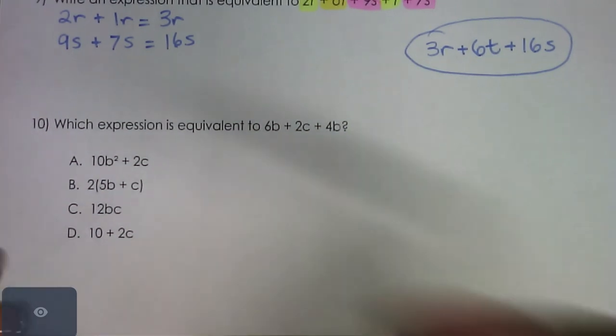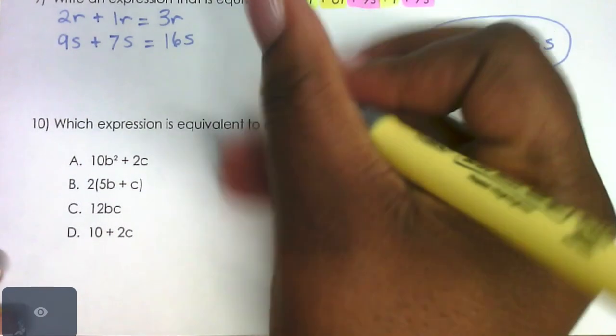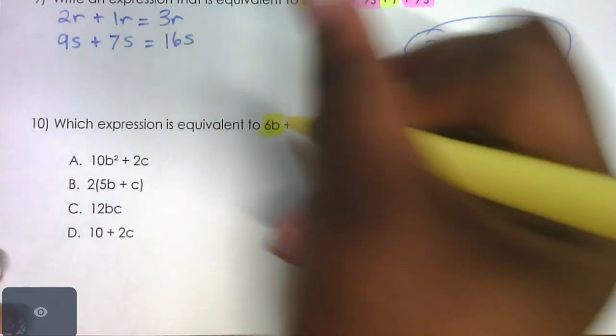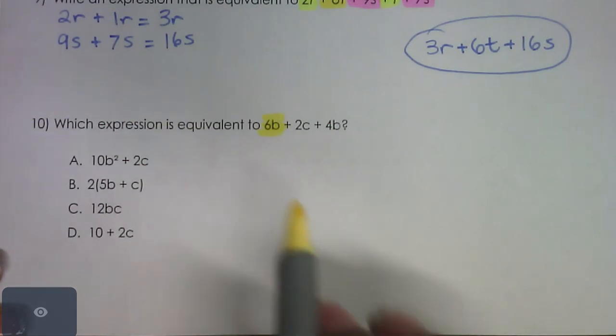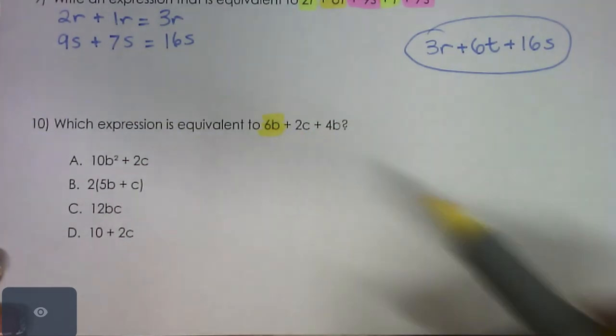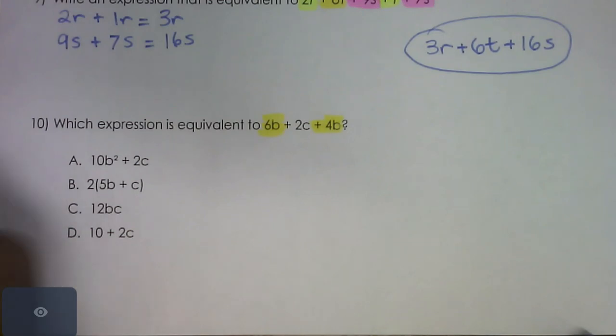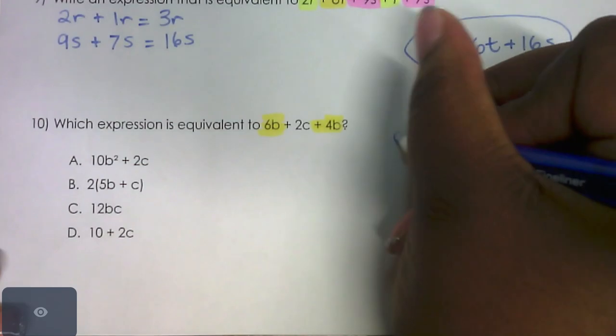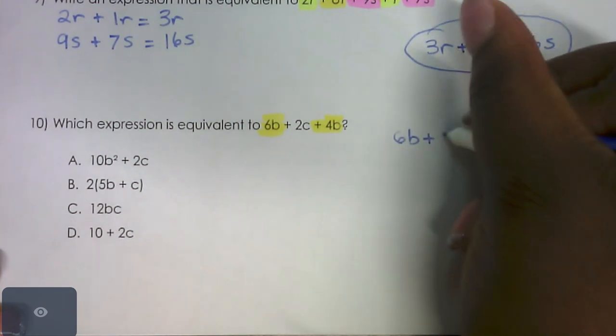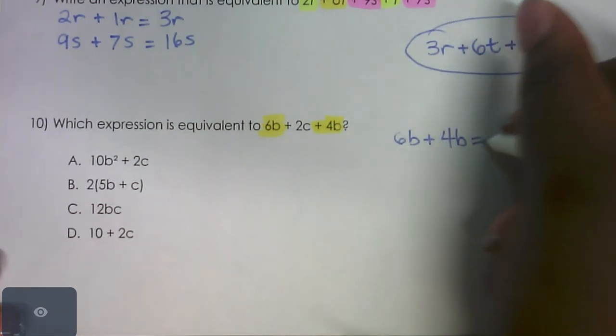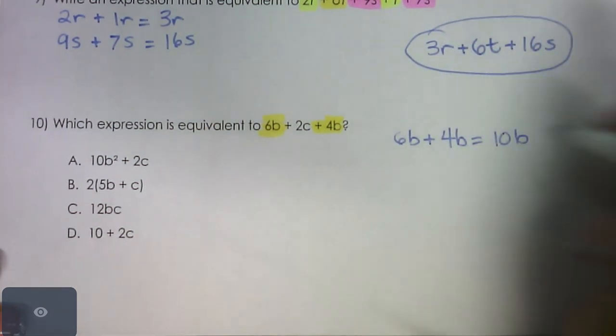Looking at my first term, I have 6b, and I'm going to identify what is a like term. I know 2c isn't, but plus 4b is. So my 6b plus 4b equals 10 of the b's, okay?